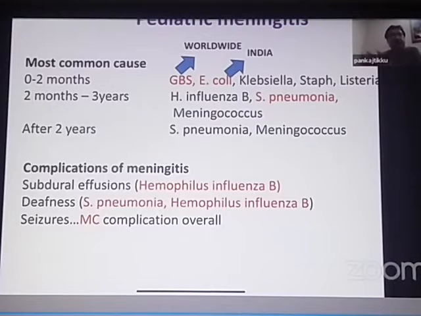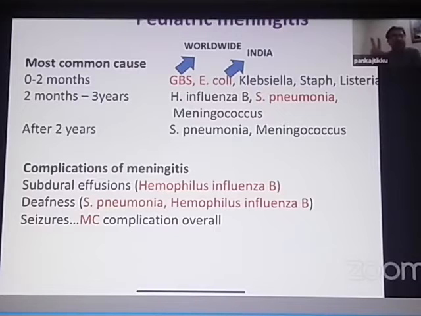Between 2 months and 3 years, Haemophilus influenzae is the most common cause of meningitis, followed by Streptococcus pneumoniae and meningococcus. So in the first 2 months the causes are group B Streptococcus, E. coli, Klebsiella, Staphylococcus, and Listeria.